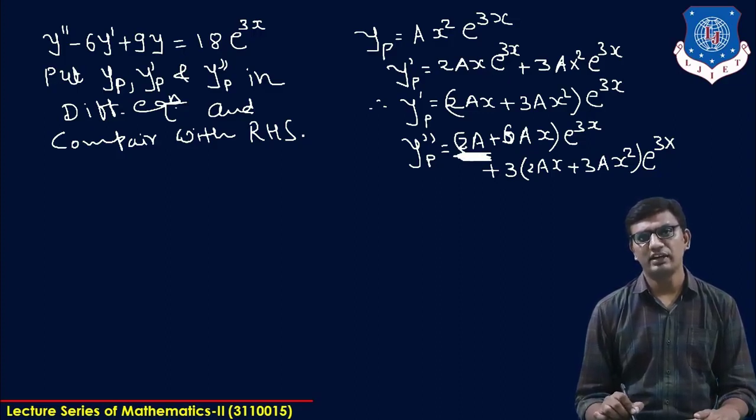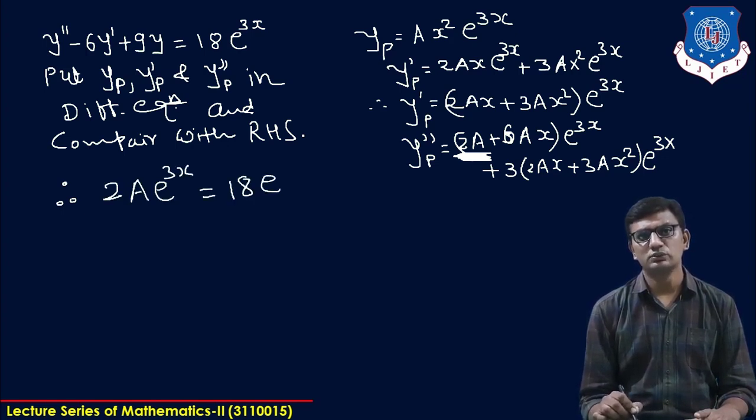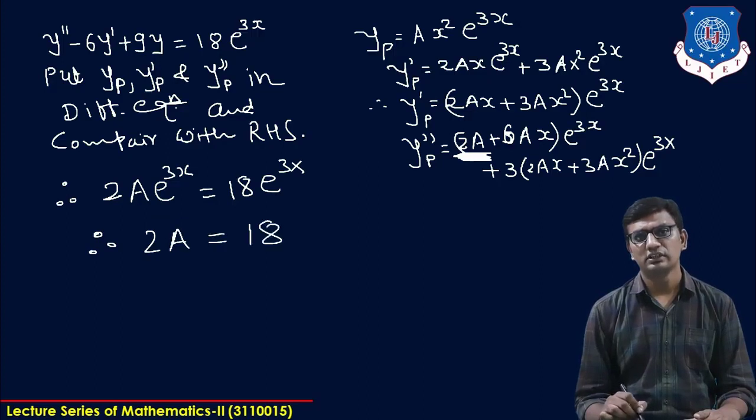So we will compare with only 2a e^(3x). Therefore, we have 2a e^(3x) equal to 18 e^(3x). Now cancel e^(3x) from both sides, and 2a equal to 18. Therefore, a will be 9.